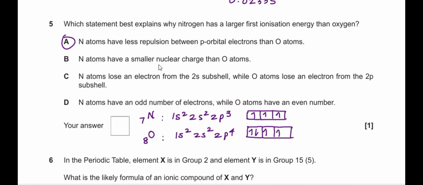Nitrogen atoms have higher first ionization energy, therefore this is not relevant. Nitrogen atoms lose an electron from the 2s subshell, not correct. Nitrogen atoms have an odd number of electrons while oxygen atoms have an even number, not relevant. So A is the correct option here.